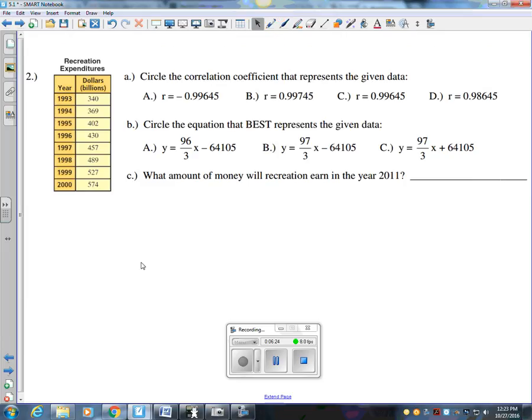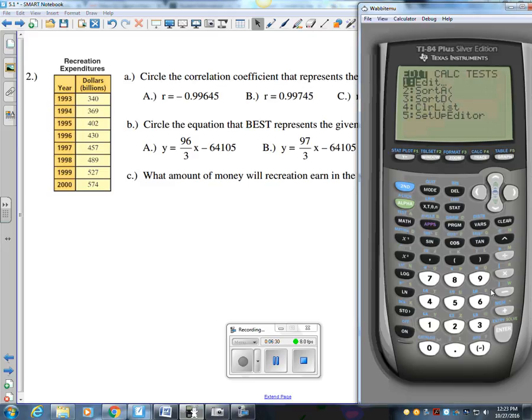All right, example number 2, circle the correlation coefficient that represents the given data. Once again, I need to put it in stat, edit. To clear out, you go up to the top of L1 and press clear, enter. Do not press delete.